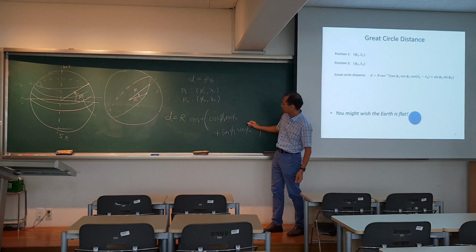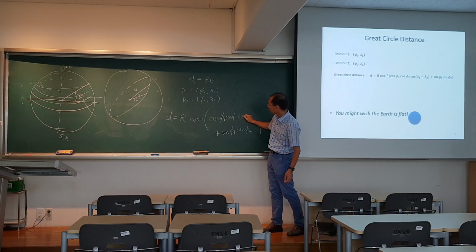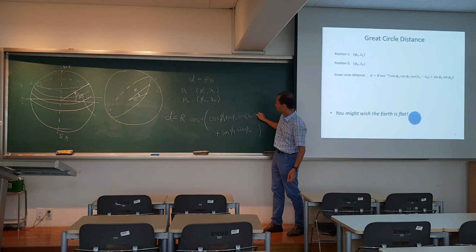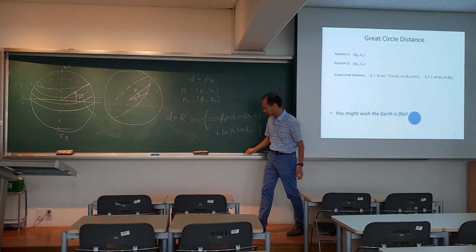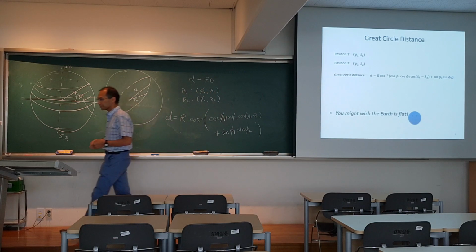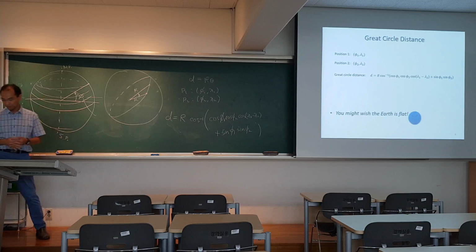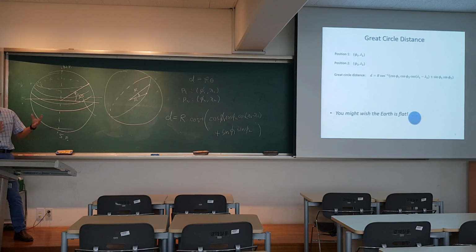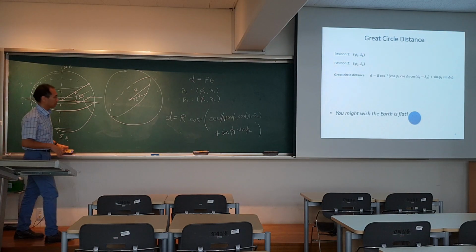It's like this, but there's one more term here, that is cosine of lambda 1 minus lambda 2. So, a little more complicated than your Pythagorean theorem.